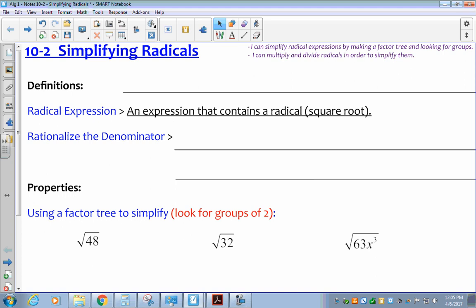So it's an expression that contains a radical or a square root. Technically, if you Googled radical, you may not get the square root symbol.